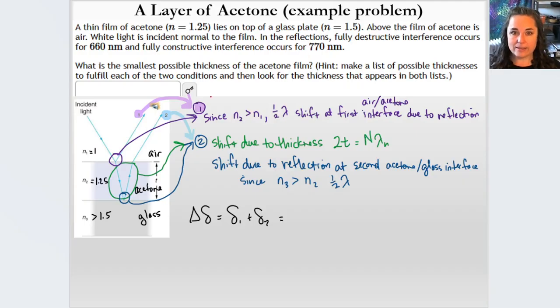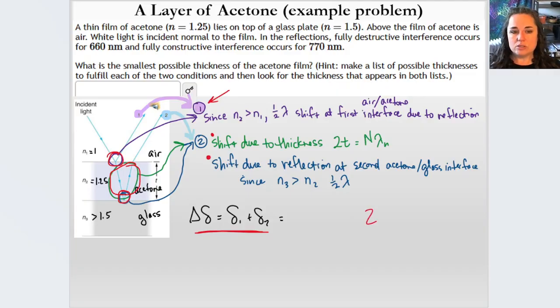So if I highlight this on the slide, you need to figure out the path length difference for the first wave, which is just a single contribution due to the reflection at the first surface. You need to figure out the two contributions due to the second wave, where you have a reflection and also that thickness that you're moving through. And then when you add those two together, you'll get a delta-delta.